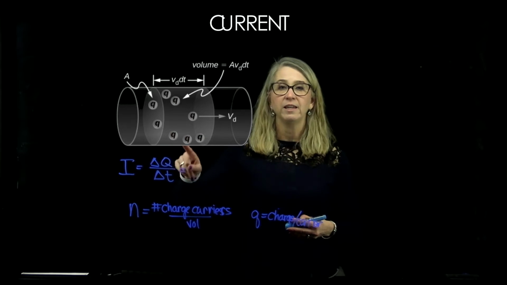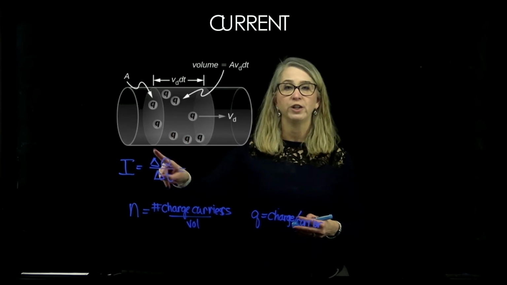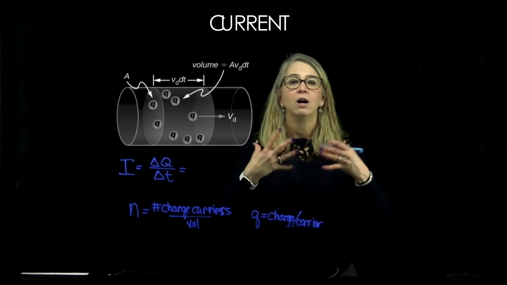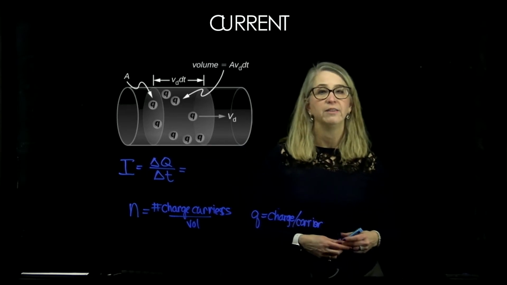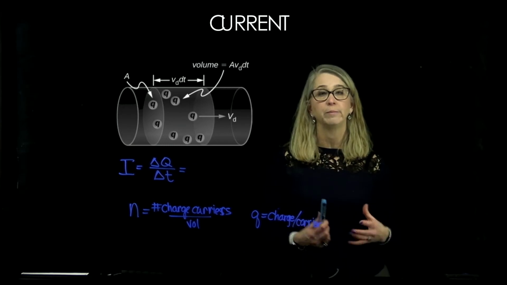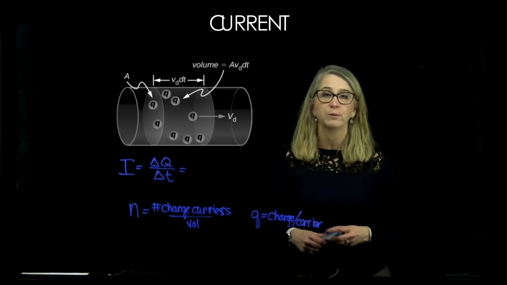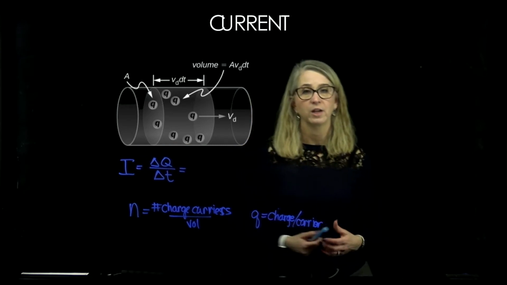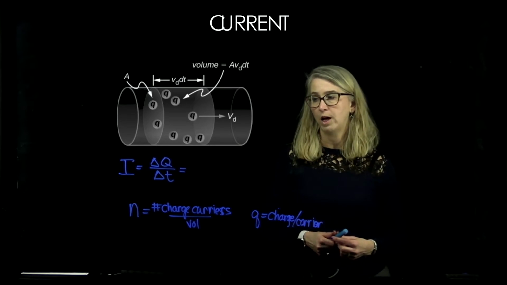And anything in this shaded region between the beginning and the end, any charge carriers in that volume, are going to be contributing to the current, because all of them have passed by the starting line, which is right here, in the amount of time that I had on my stopwatch.